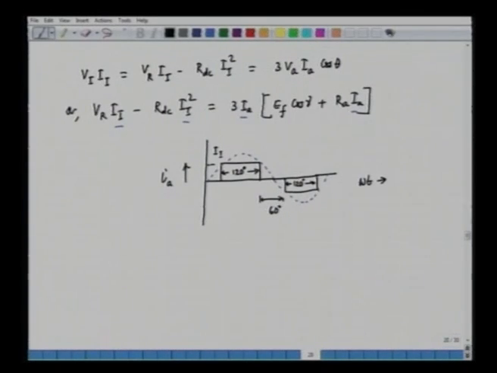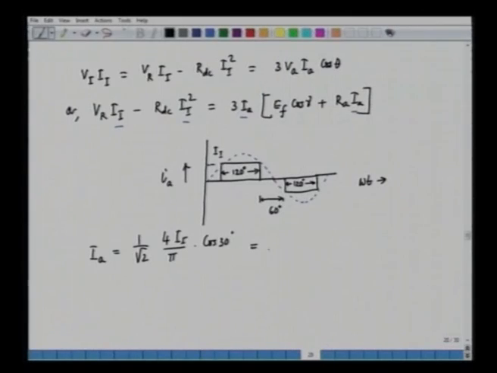So, we can find out what IA is. IA, the RMS value of the fundamental component of motor current, is equal to 1 by root 2 times the peak value of this fundamental component, which is 4 II by pi into cos of 30 degrees. This can be easily derived by finding the Fourier series of the current.